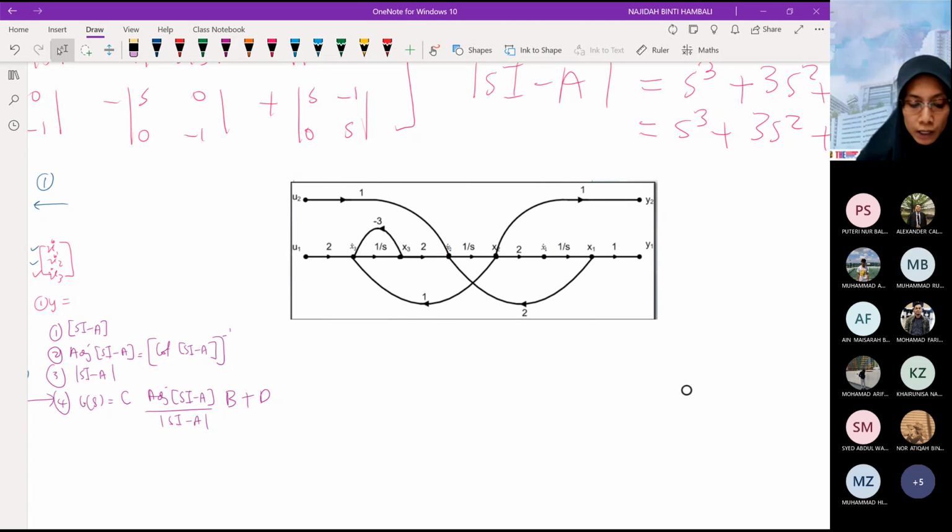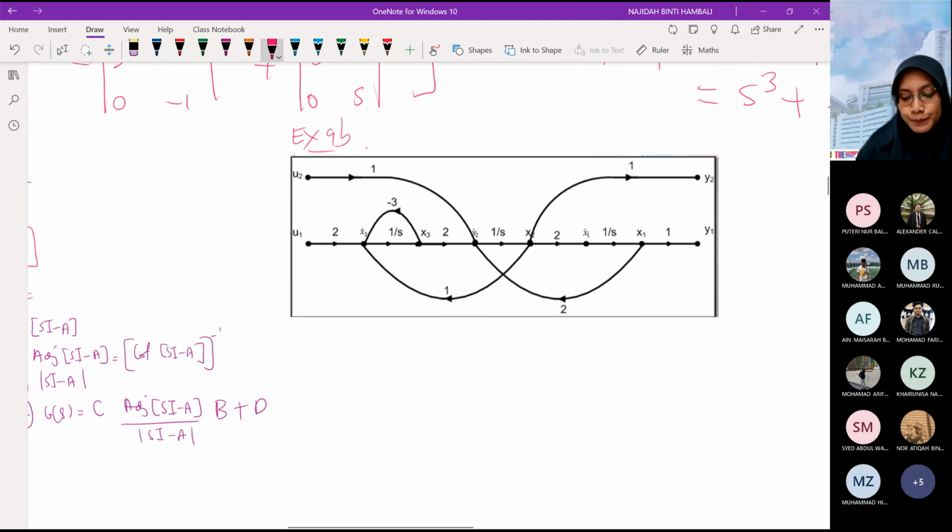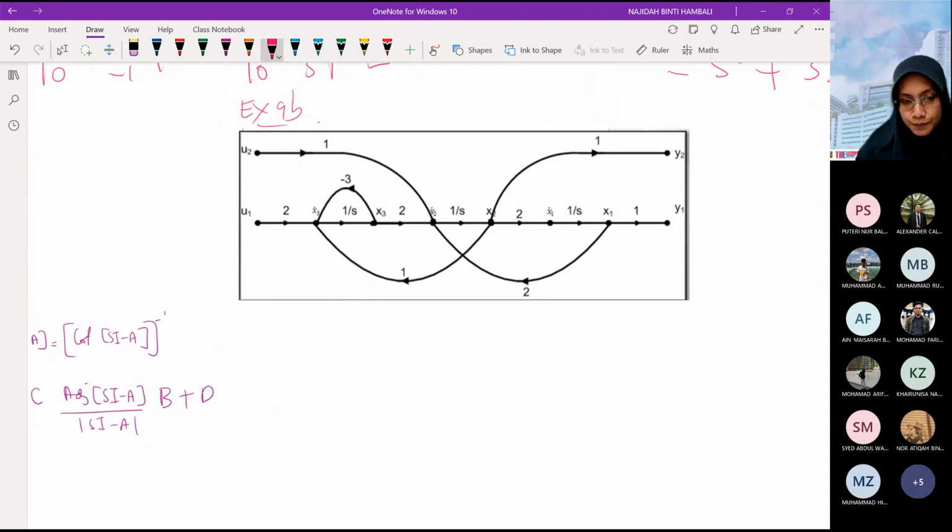Okay, for this example, make sure you extract the equation correctly. Semua information you dah ambil, semua line by line you dah go through sampai you determine the equation. So this is example 9B. Okay, you nak start dari mana?